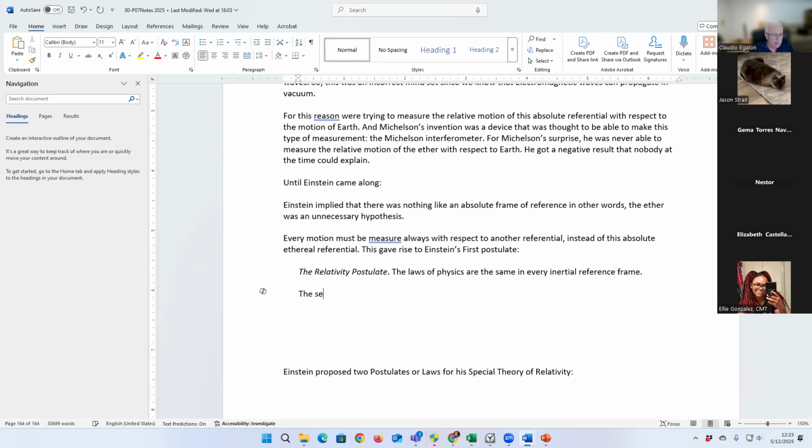Okay? The second postulate was a little bit more difficult to swallow, not because of the way it was formulated, but because of its consequences.